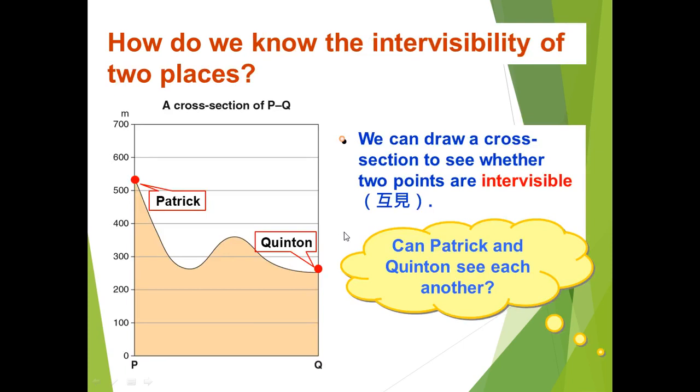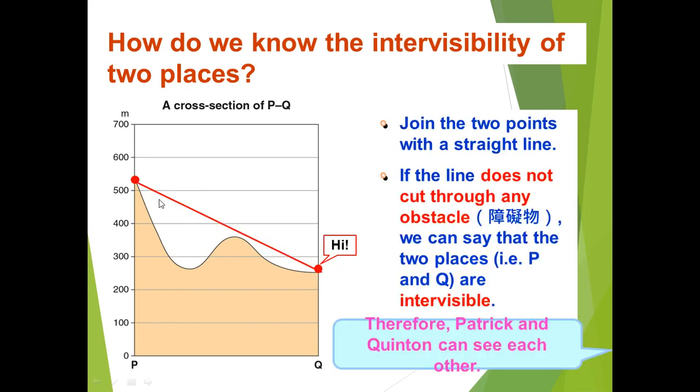And we can also know whether two points are intervisible by drawing the cross sections, because intervisible means that two people standing on these two points can see each other. So when you can draw a straight line between these two points, that means people standing on these two points can see each other, and these two points are intervisible.